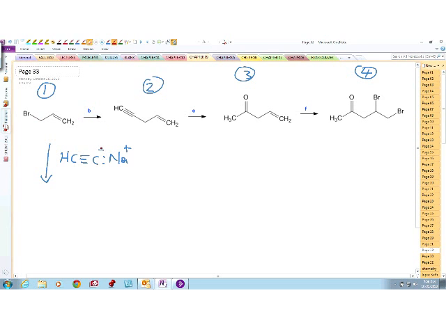This simply now will displace this. This will now act like your methyl bromide. That becomes your alkylating agent, and so that is how you get this. So reagent B here is sodium acetylide. You know how to make sodium acetylide by now.